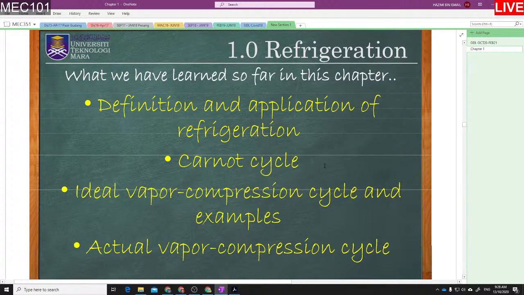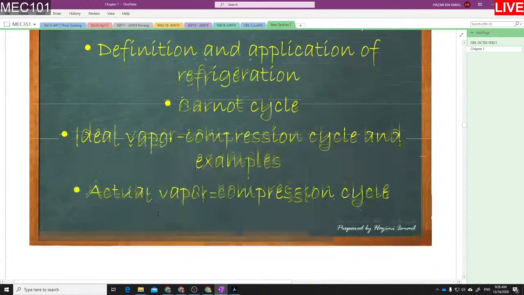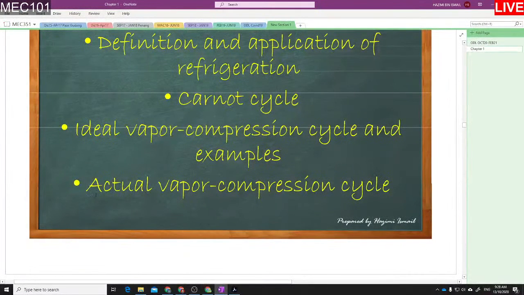We use reverse Carnot cycle for our refrigeration application in our system. And then we know the Carnot cycle is the basic, and they revise the Carnot into the vapor compression cycle. Okay, because the first cycle we learn is about the ideal, yang paling cantik, yang terbaik, but that is ideal, not the actual world. Jadi kita pun belajarlah tadi sikit apa dia actual.